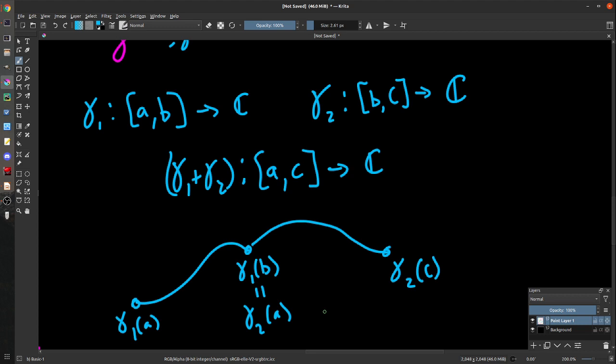And notice this is when they are of the special form where the right endpoint of gamma 1, this B, happens to line up with the left endpoint of gamma 2, in their domain. You can sort of just put them together like that. You can imagine there might be various ways you could put them together if you had some differences between them.